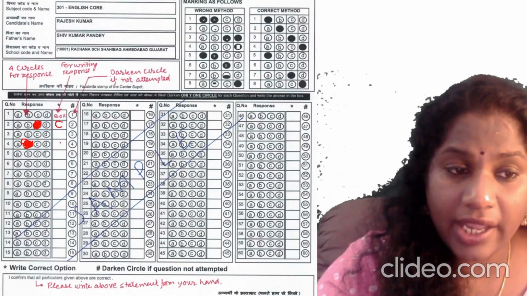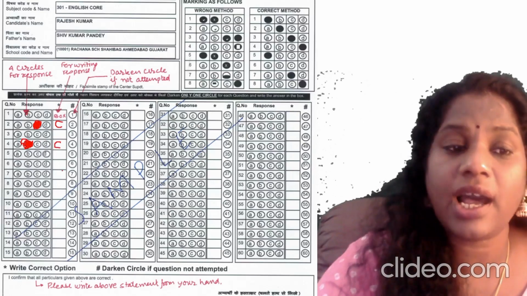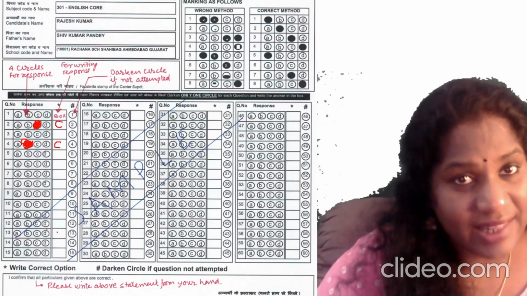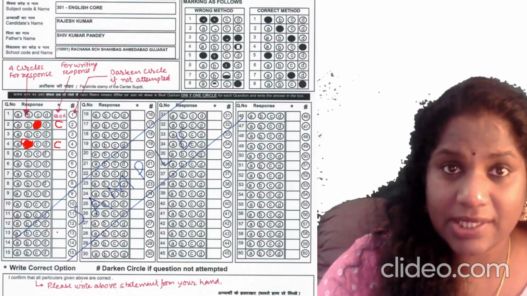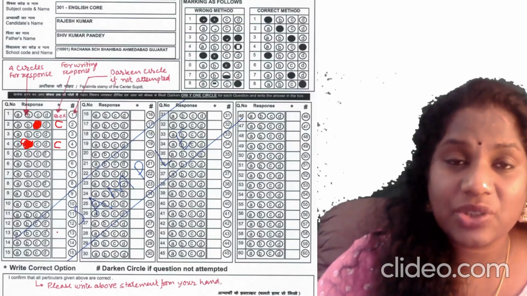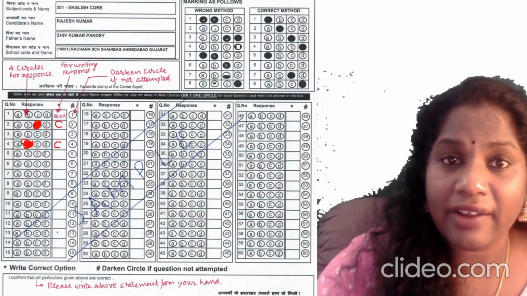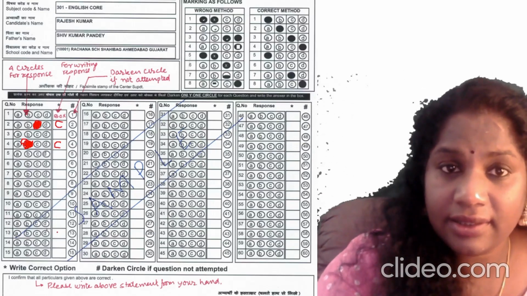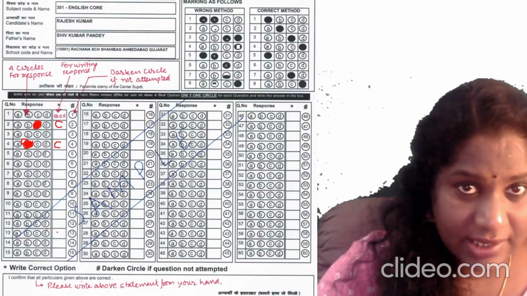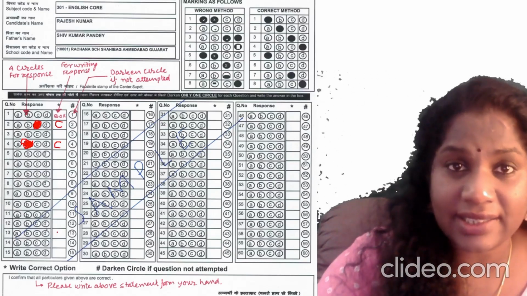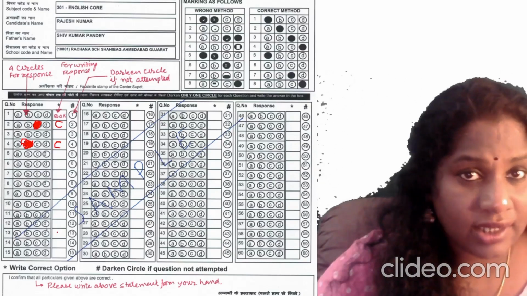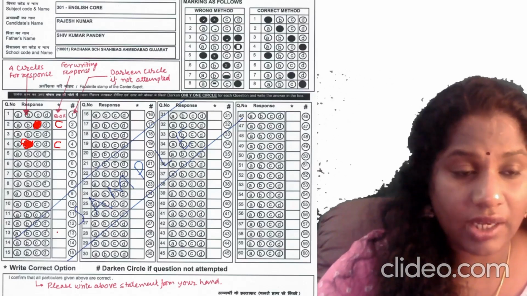I can go ahead and write in the box the answer as C. That is the thing that I can do. So the box is provided by CBSE to make sure that you rethink what you have darkened in the circle. And if that answer is wrong, they are giving you a second opportunity to write the correct answer in the box. So writing the answer in the box is very important.